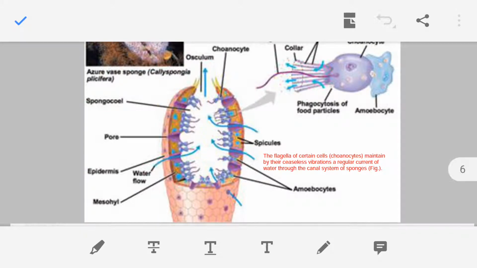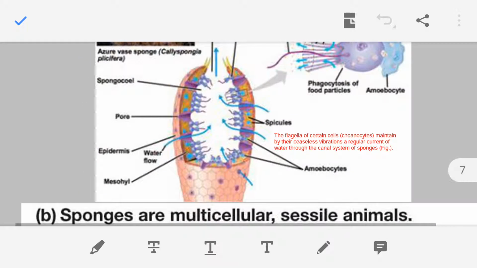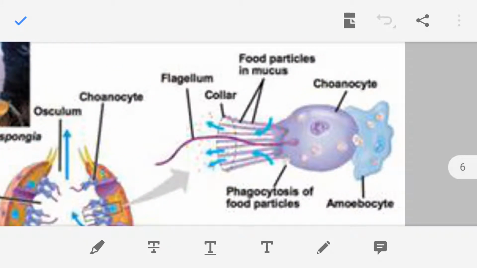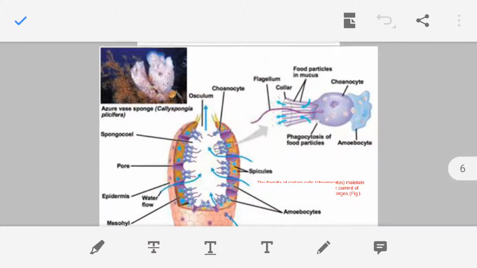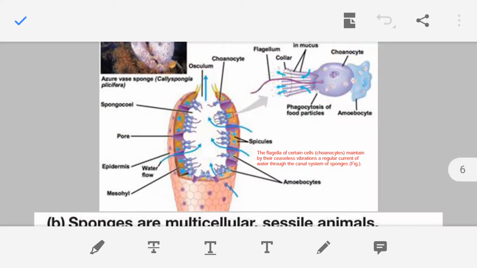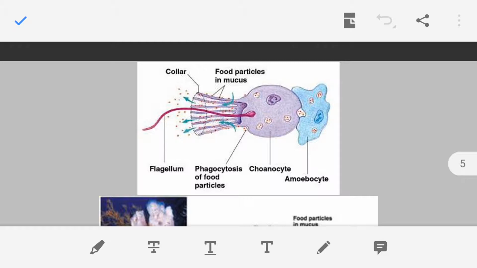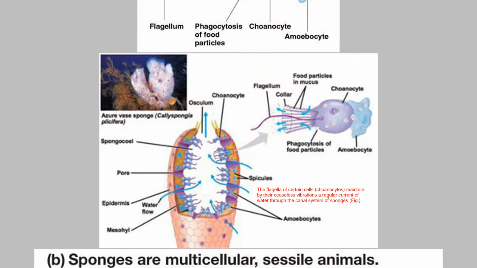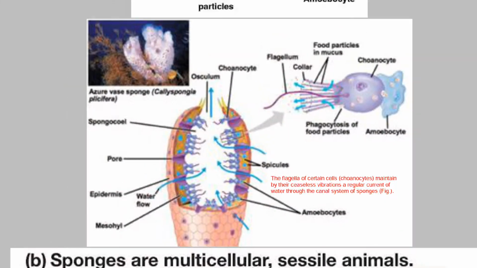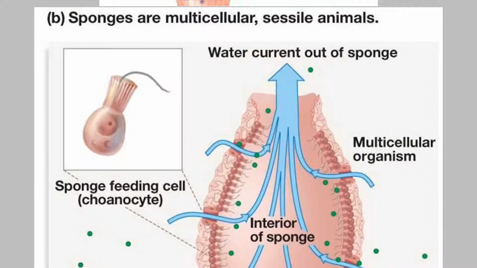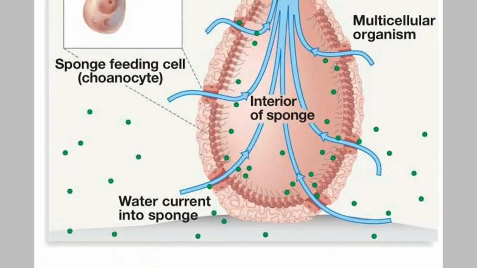So water is drawn inside, and this water also brings food particles, and the food particles are engulfed by the phagocytosis process. So let me show you all the figures.